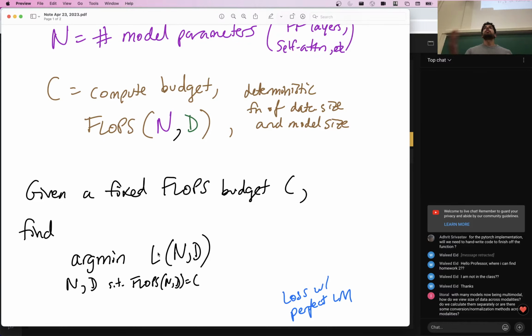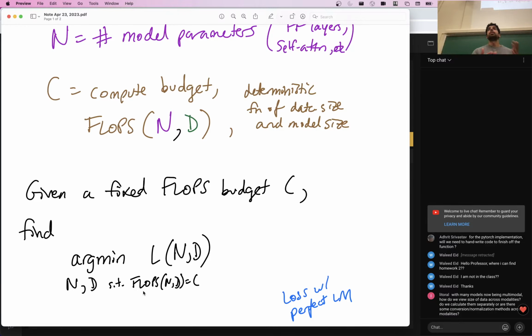But we have the constraint that the number of flops used to train this model is equal to some fixed value c. So if you know ahead of time, I only have this compute budget to train this model, you're trying to solve for n and d such that you minimize the loss. Does that make sense? This is the goal of all of these kinds of scaling law type things.